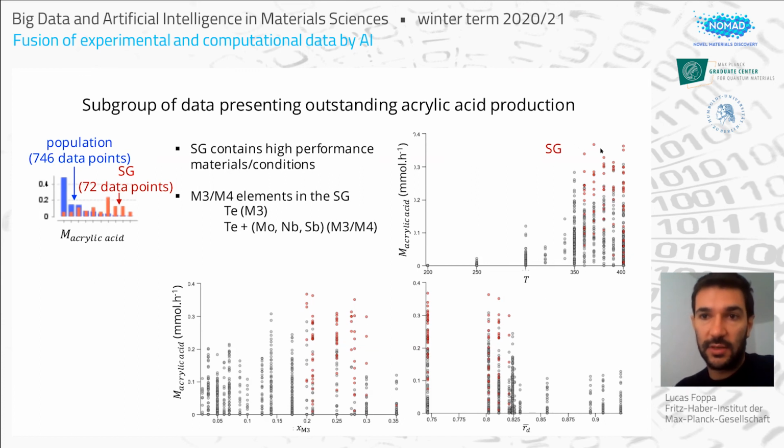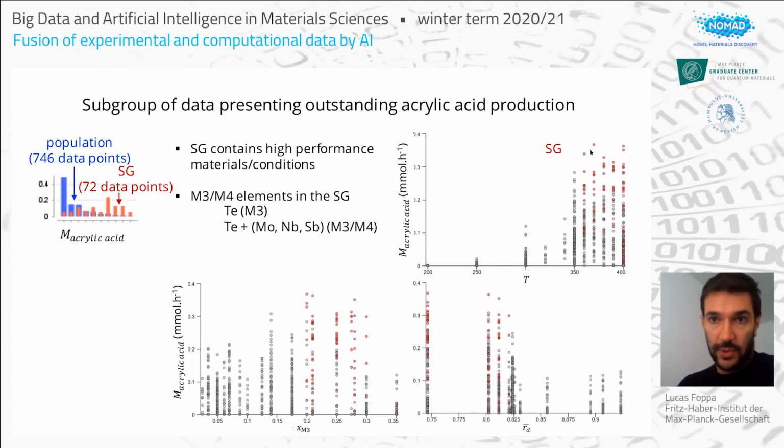Here you see that these points in red are the subgroups, and they do correspond to the materials that by eye we imagine to be exceptional. We can also look at the elements in there. In the group of materials with only M3, we have tellurium, and then a combination of this element with molybdenum, niobium, and antimony. And if you see some similarity of this with the MoVNbTe catalyst, this is not a coincidence.